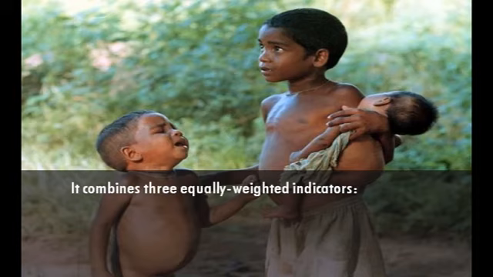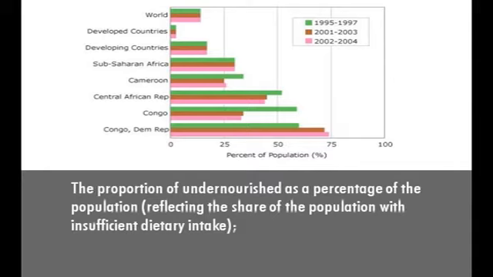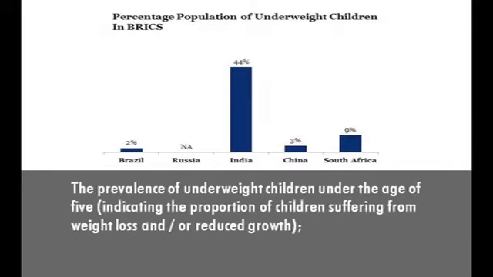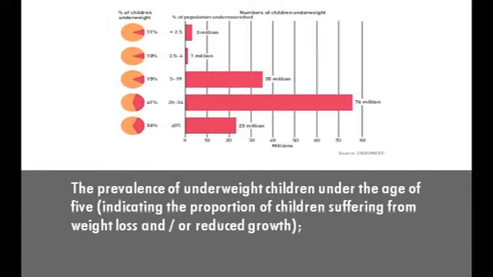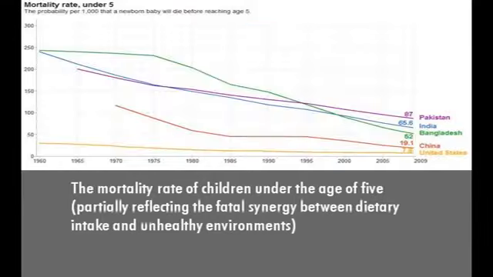It combines 3 equally weighted indicators: the proportion of undernourished as a percentage of the population, reflecting the share of the population with insufficient dietary intake; the prevalence of underweight children under the age of 5, indicating the proportion of children suffering from weight loss and or reduced growth; and the mortality rate of children under the age of 5, partially reflecting the fatal synergy between dietary intake and unhealthy environments.